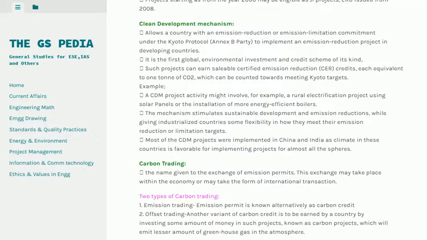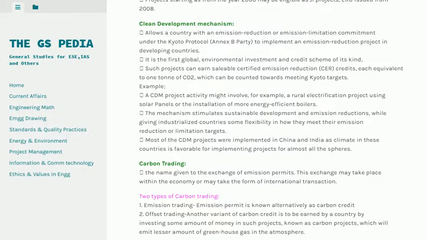Carbon trading. The name given to the exchange of emission permits. This exchange may take place within the economy or may take the form of international transaction. 2 types of carbon trading. 1. Emission trading.